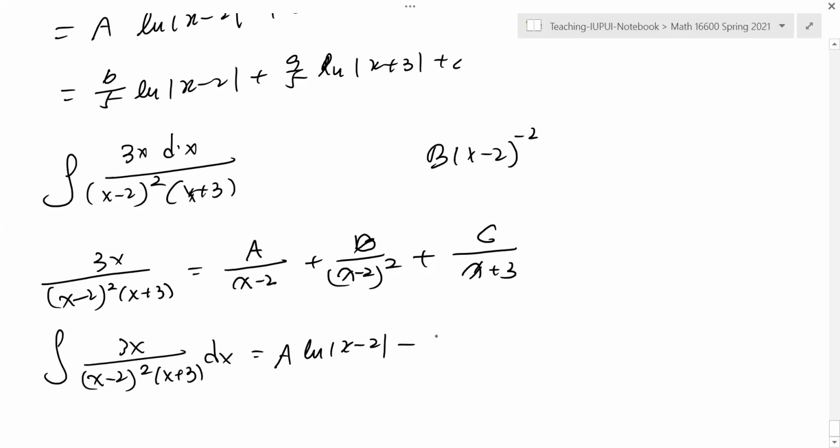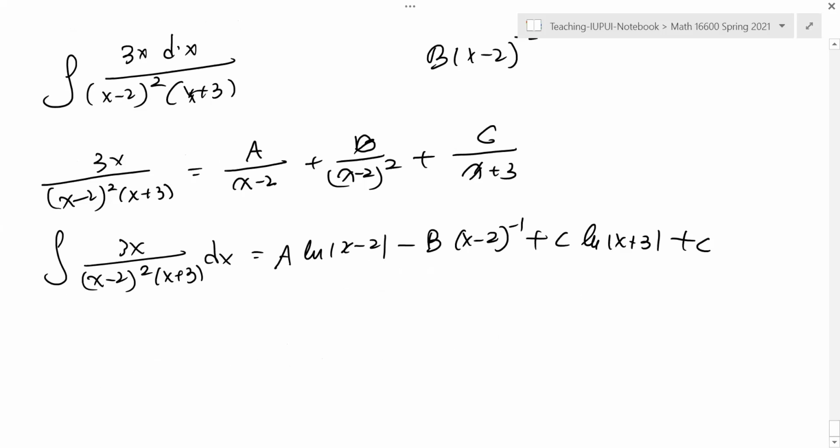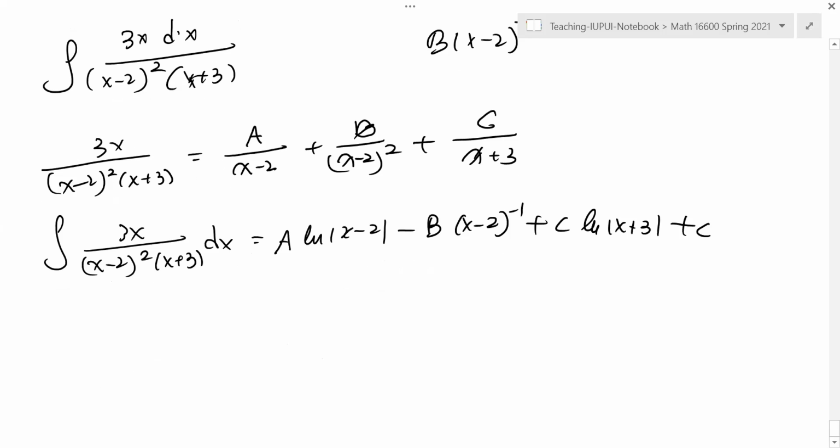So actually it's going to be negative b times x minus 2 to the negative 1. When you differentiate, you get that. The third one, and plus constant. So you have to find a, b, c. So you get a system of 3 equations. Then you know how to find it, right? So let's try it. I'm going to get a, b, c.